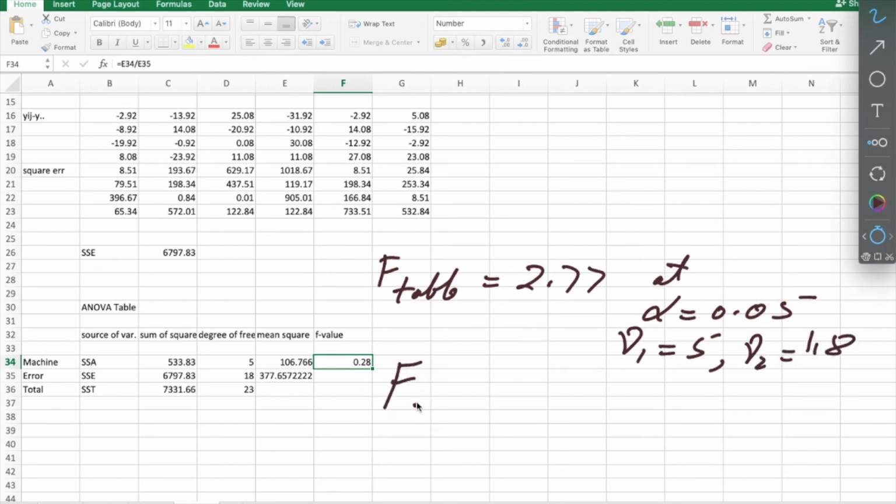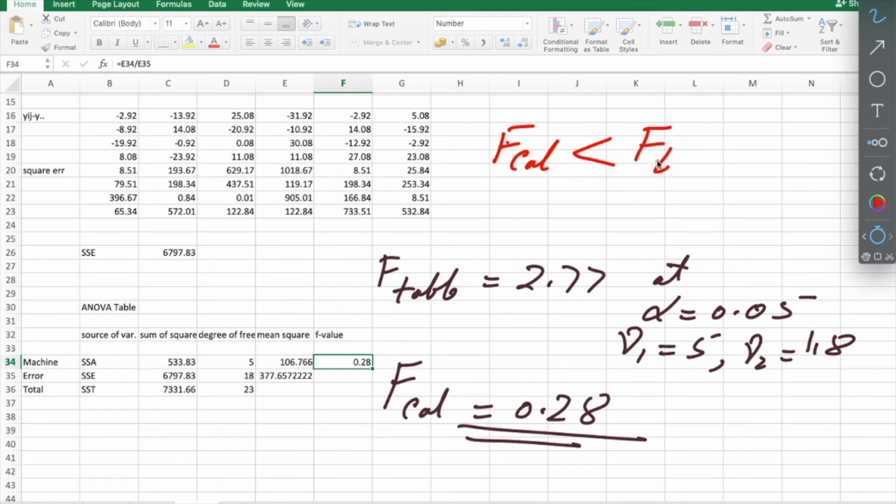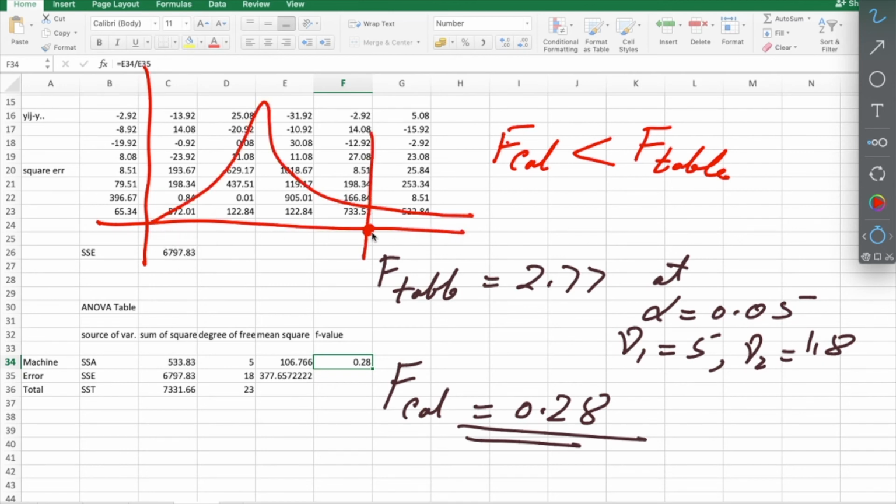Now F calculated is 0.28. It means that F calculated is far less than F table value. So over the F distribution, this is your F table value, and your F calculated will be far over here, somewhere here, 0.28, and F table is 2.77.